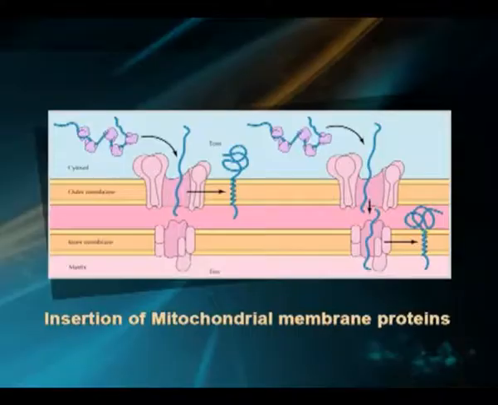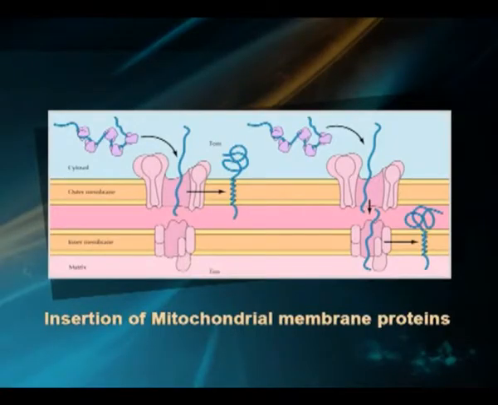Proteins are targeted to the Tom complex in the mitochondrial outer membrane by amino terminal pre-sequences containing positively charged amino acids. The pre-sequence first binds to Tom 20 and Tom 22 and is then transferred to Tom 5 and the import pore Tom 40.